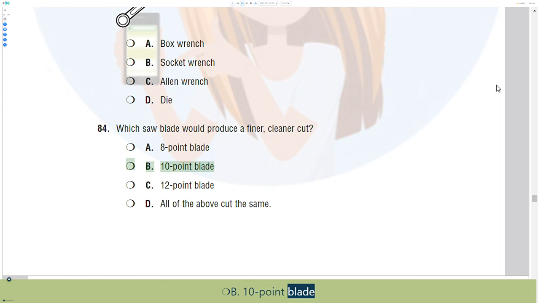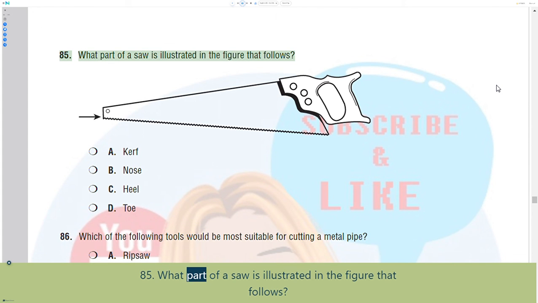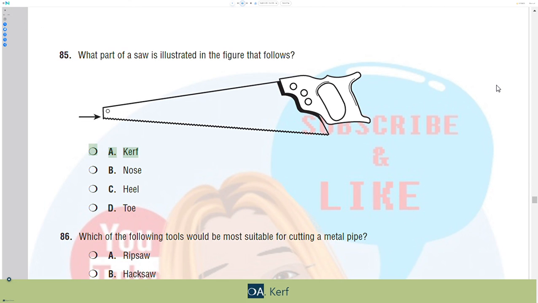B. 10-point blade. C. 12-point blade. D. All of the above cut the same. 85. What part of a saw is illustrated in the figure that follows? A. Kerf. B. Nose. C. Heel. D. Toe.